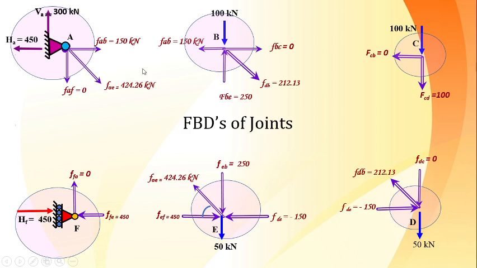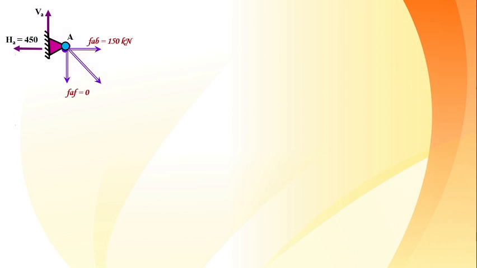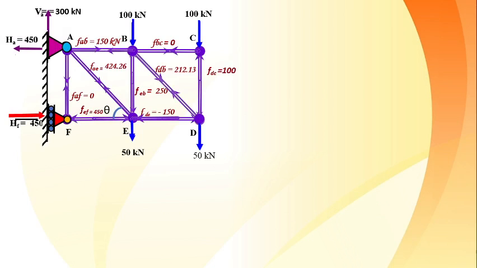Now they are shown in red, meaning we have found each and every unknown present in the members. So no unknown force is remaining, neither the external reactions nor the member forces. We have performed a thorough analysis and found the forces in each and every member, and at last we have to compile the whole data with respect to magnitude and direction.